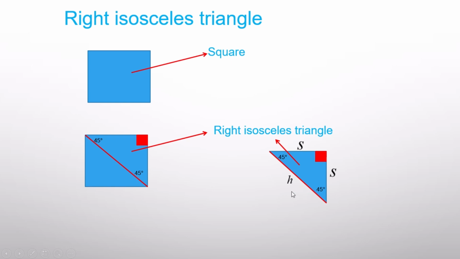What are the relations between h and s? According to the Pythagorean theorem, h squared equals s squared plus s squared equals 2 s squared, h equals s radical 2, and s equals h over radical 2 equals h radical 2 over 2. Side equals hypotenuse radical 2 over 2, and hypotenuse equals side radical 2.